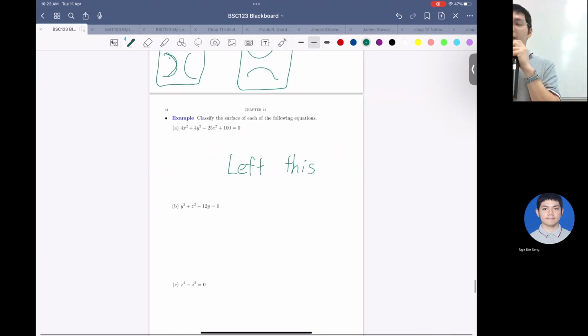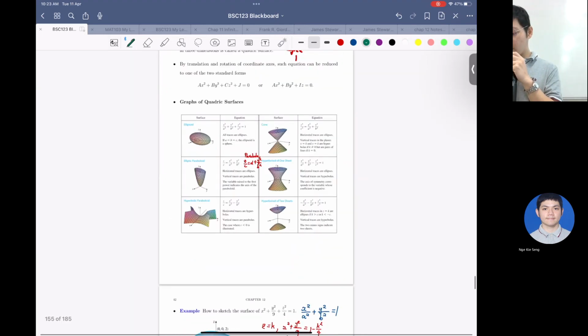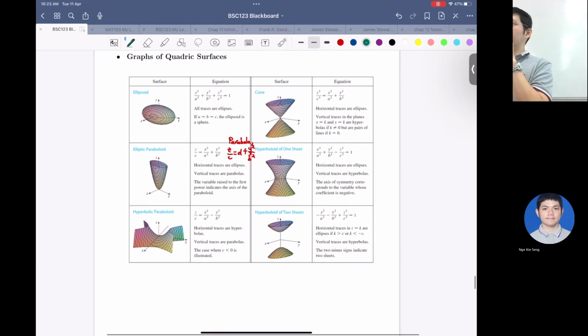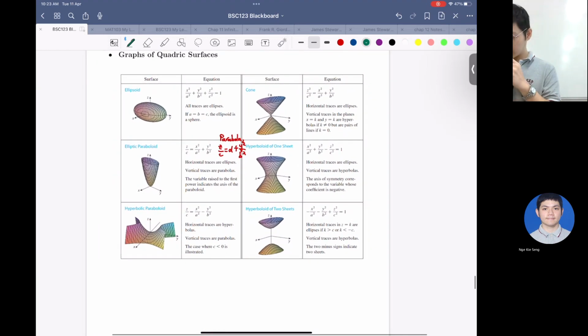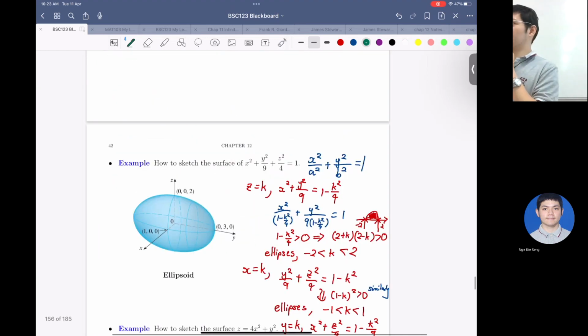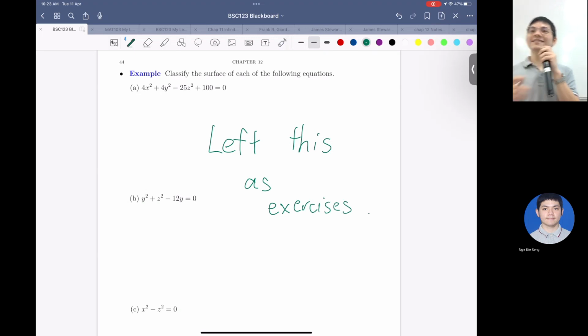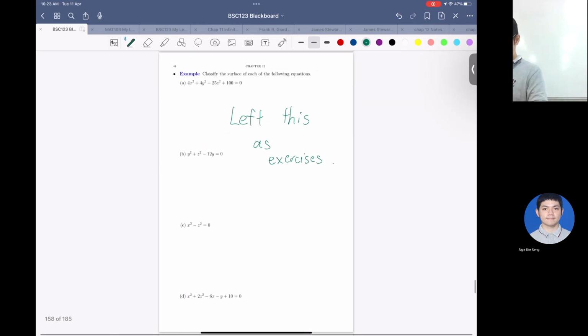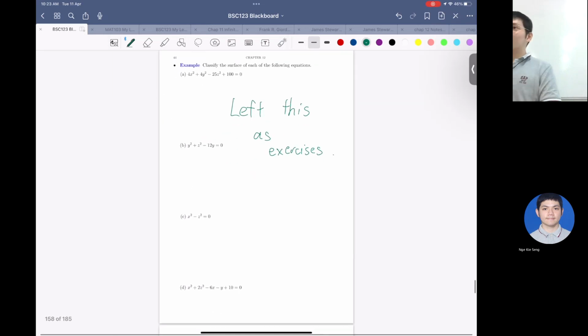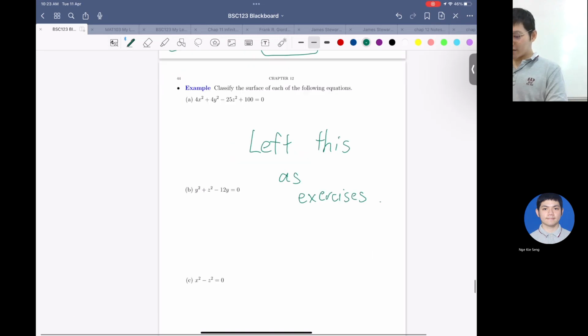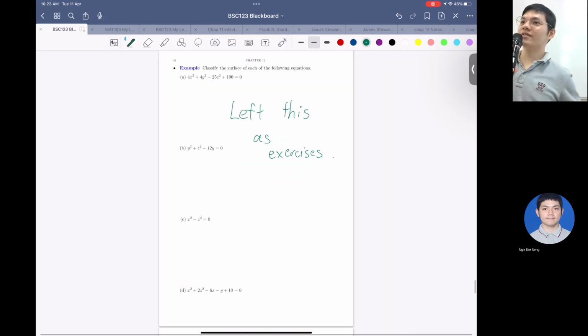You need to make it back to this, compare to these 6 equations here, and then decide which one is the surface. Okay, so we leave this as an exercise. Hey, don't get too excited. Okay, let this be homework.